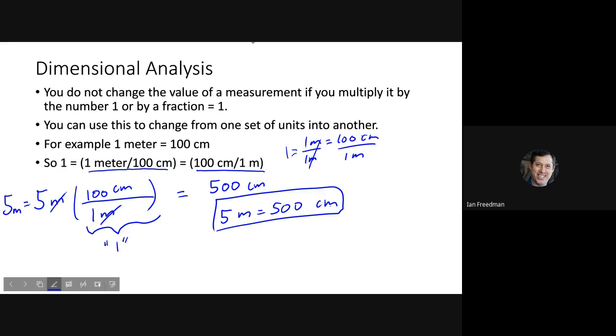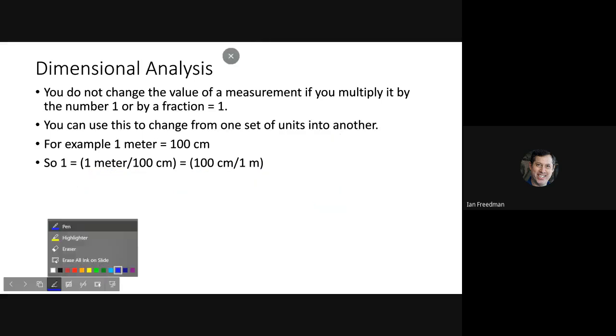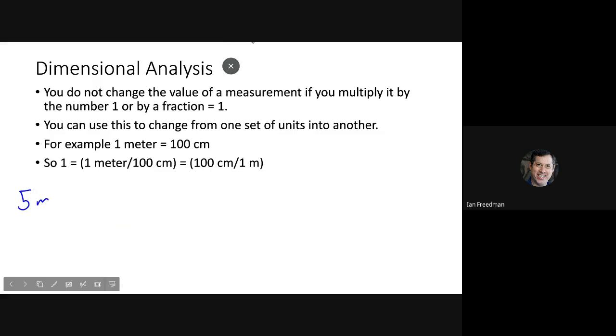So let me actually erase this, and let's try this again here. And this time, let's say 5 meters. So 5 meters is equal to 5 meters times 1. But what if this time we put 1 meter over 100 centimeters? Notice what happens to the units.